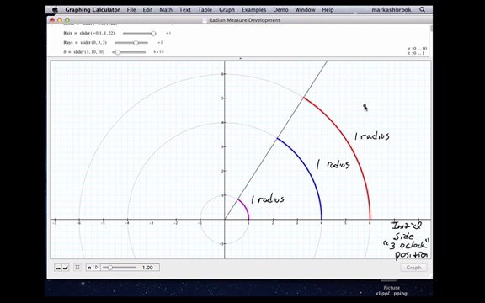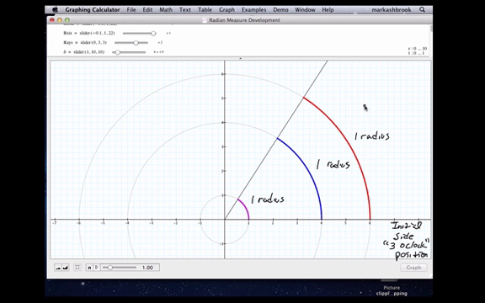Okay, so this angle, what is it? It's the angle that subtends what? 1 radius length. Does it matter what circle? What about a circle of radius 10? Same thing. It doesn't matter what circle you pick. That angle will always subtend an arc length of 1 radius length for its respective circle.